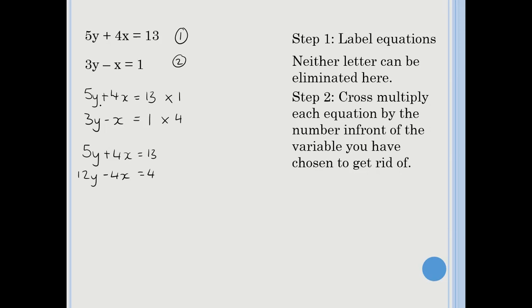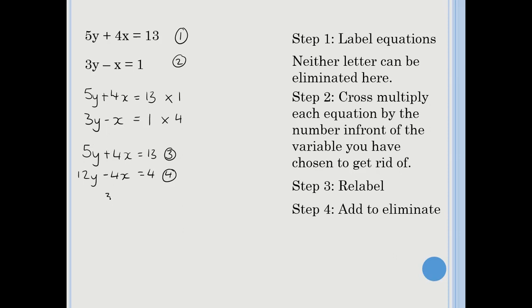Now we're in a position that we're familiar with. We've got a 4x and a negative 4x. Quickly relabel them. So we'll call that one 3, and we'll call that one 4. And then we're going back into our original process. We've now got something that we can cancel out. We said in the last video, if it's different operations, then we add.